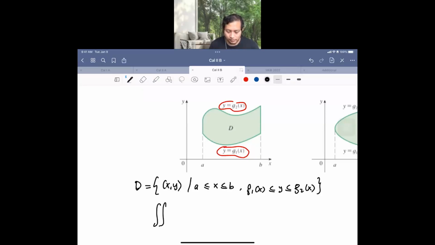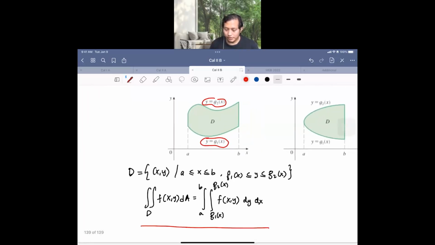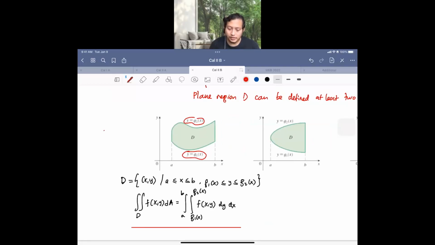Then the integral can be described as the integral from a to b, of the integral from g1 of x to g2 of x, of f(x, y) dy dx. This is called type 1 of D. But type 1 or type 2, it doesn't matter.